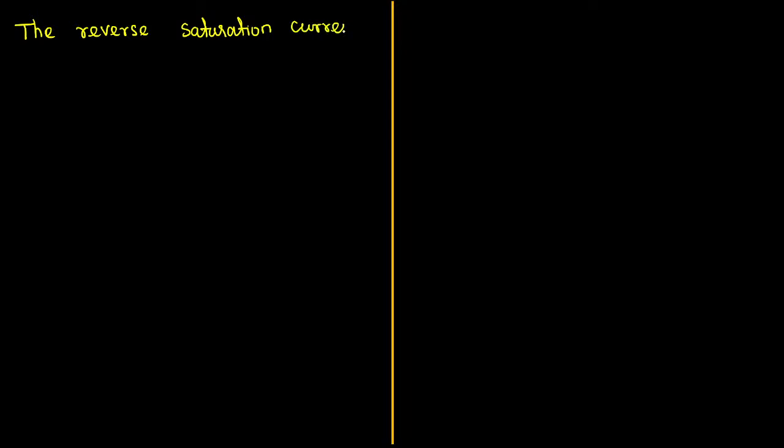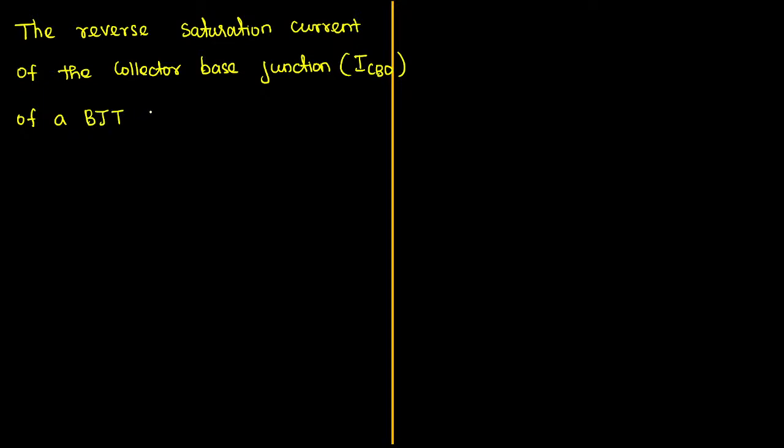So in the bracket they told, we know how to write this, collector base junction reverse saturation current means ICBO of a BJT, of a bipolar junction transistor, is found to be 10 nanoampere. Yes, sir.